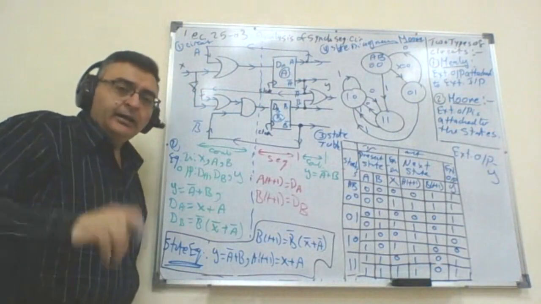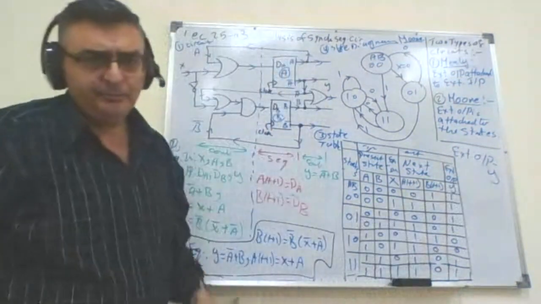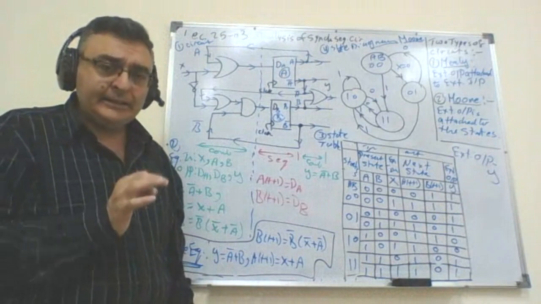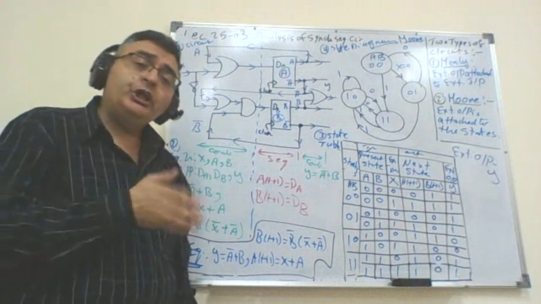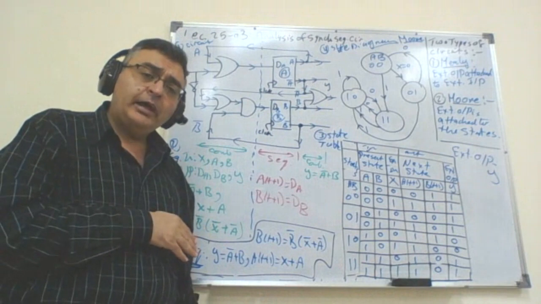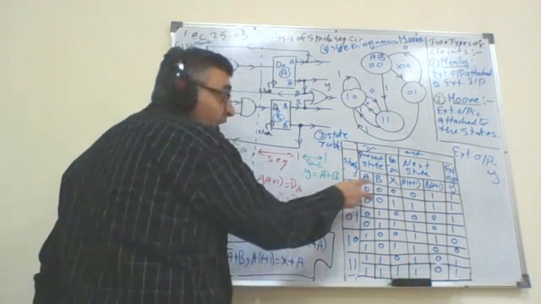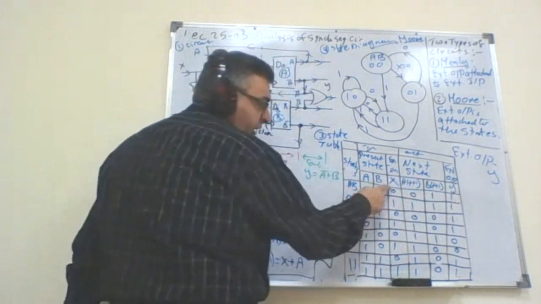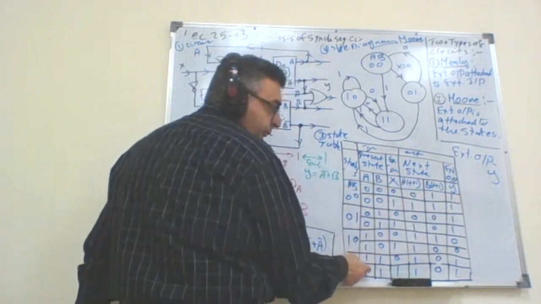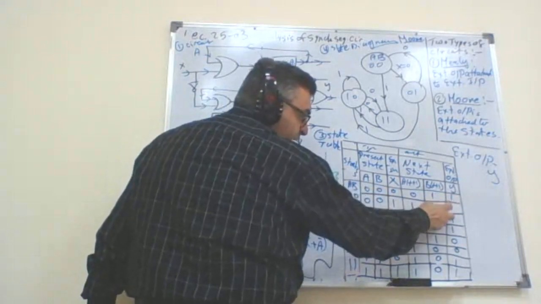Another way to identify: go into the table and see if changing the external input also changes the external output or not. Let's see. In each pair of rows, X is changing: 0, 1, 0, 1, 0, 1, 0, 1. Here 0, 1, can you see a change of Y?